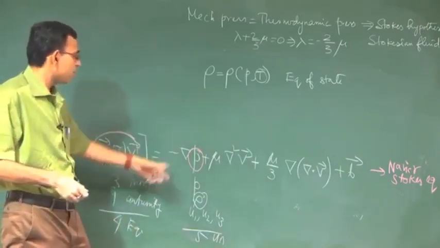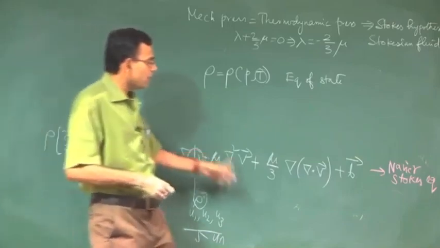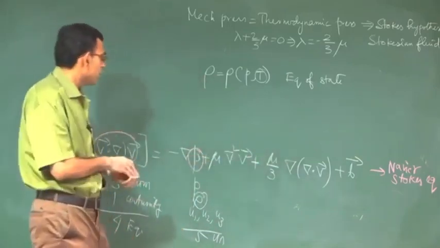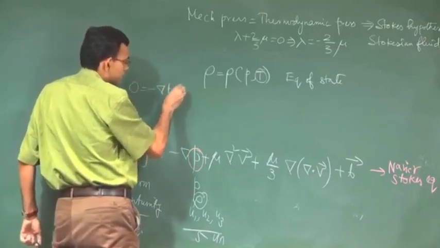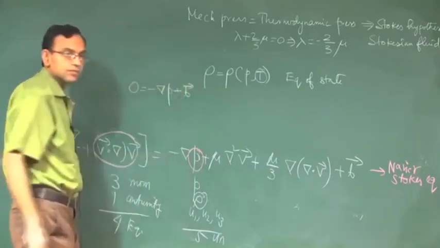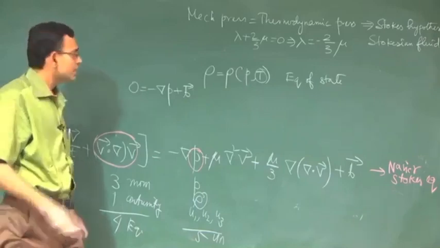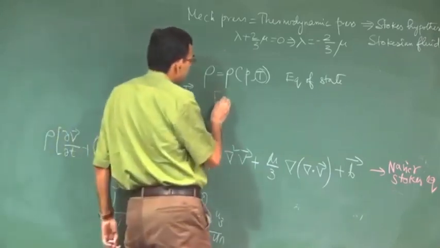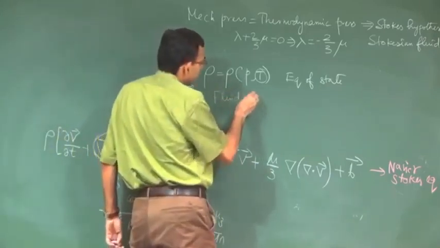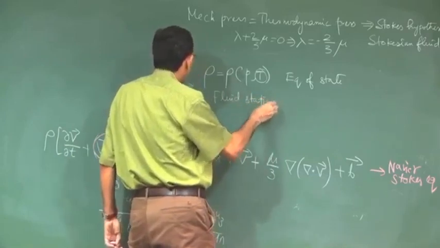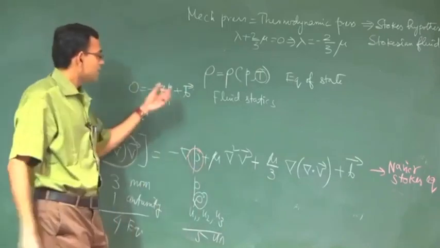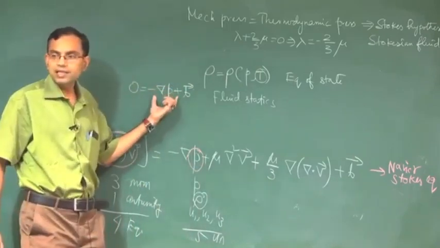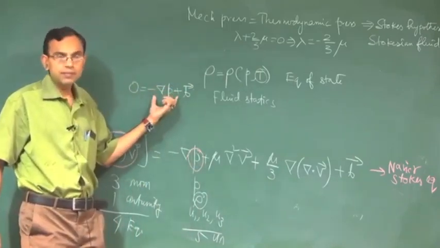So if you have this equation and you set all the velocity terms to 0, you are left with this equation. Right? This is just an equation for fluid statics. With gravity being the only body force, this will be the governing equation that relates the pressure gradient with gravity.